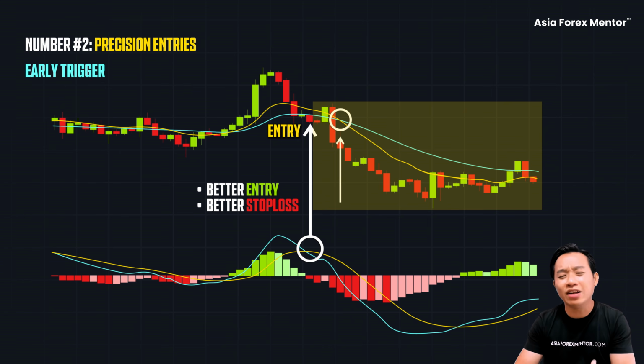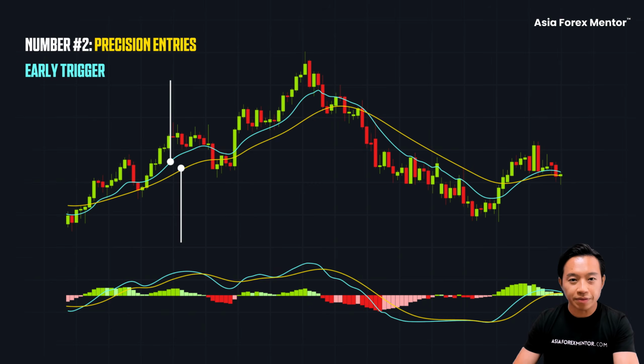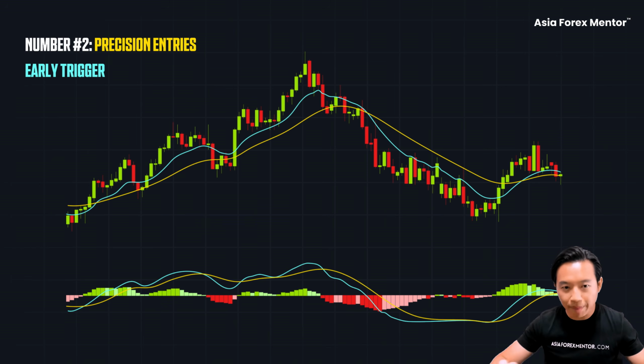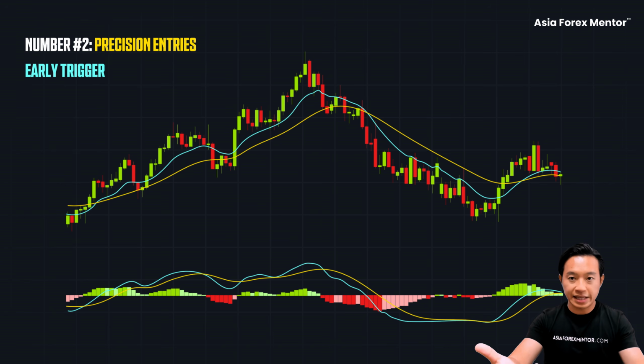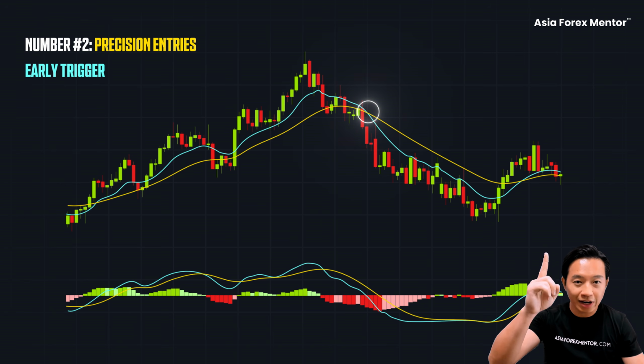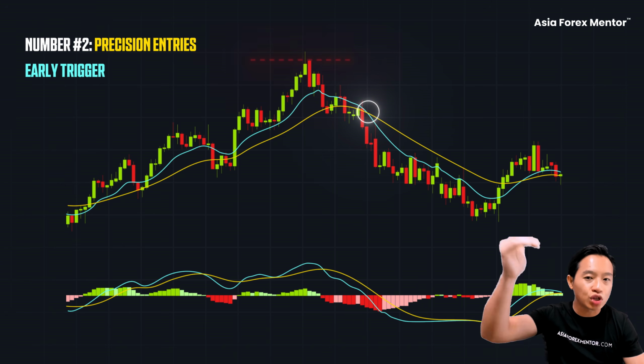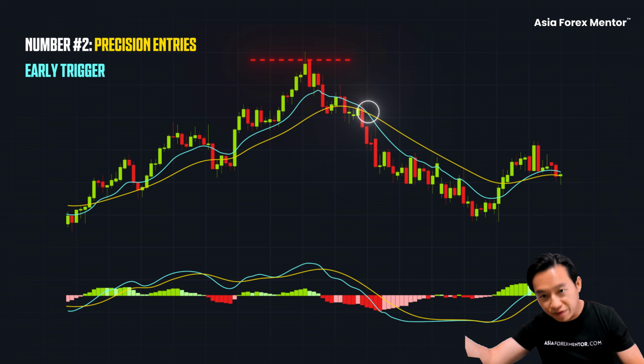Obviously, the cons behind it, or the trade-off behind it, is what? There are more false signals. Take a look here. When I plotted the 12 and the 26 EMA on the chart itself, with the MACD as well, what stands out is how the EMA crossover at the top came in late, right? So if you entered over there, you would have a wider stop loss because price has already traveled further.